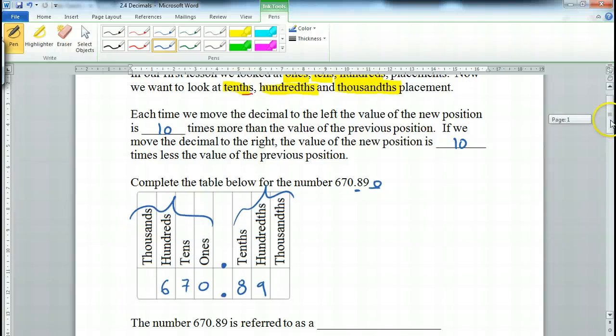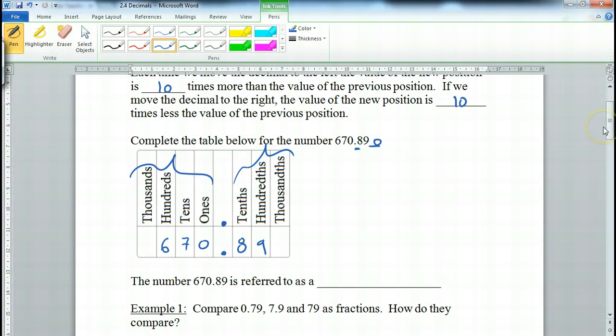So this number, 670.89, is very similar to a fraction. In other words, I have 670 whole pieces of something, and then I have 0.89 of another piece.